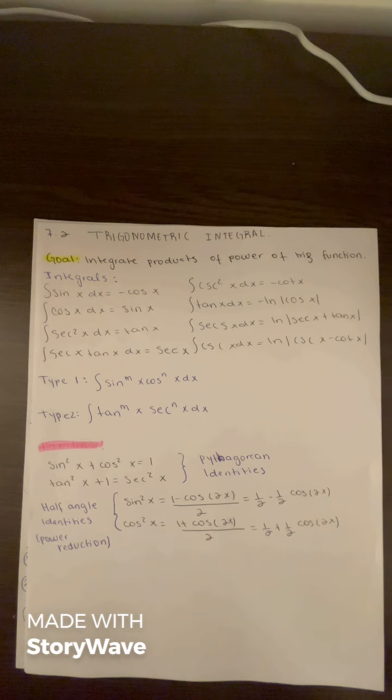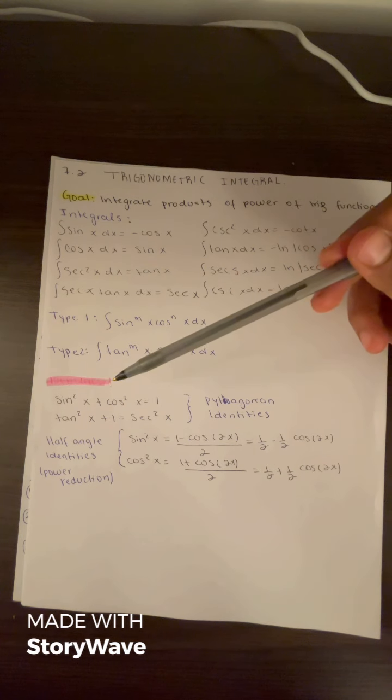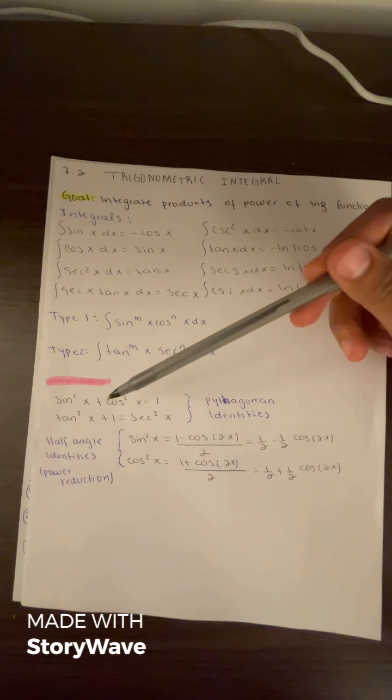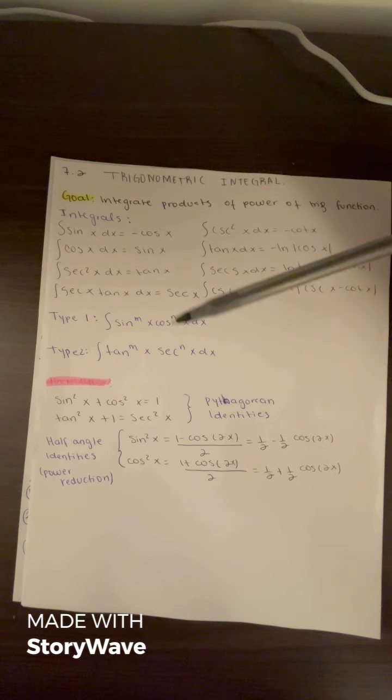Also, in this section, the very important part is the identities. We have first the Pythagorean identities, which are sine squared x plus cosine squared x equals 1, and tan squared x plus 1 equals secant squared x.